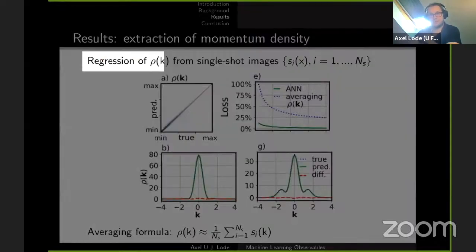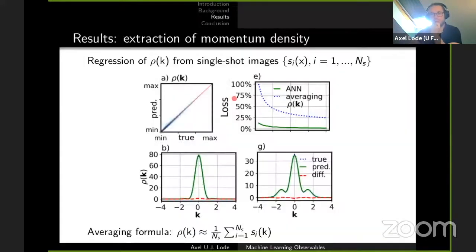So we took the momentum space single shots for the averaging, and still we find a favorable efficiency when we use the machine learning way to read out these measurements. Okay, and also the comparisons check out.